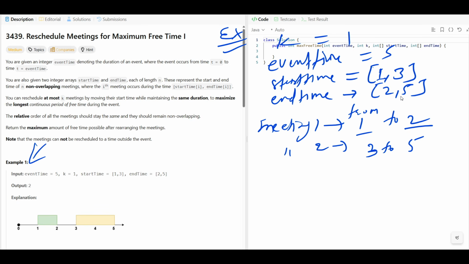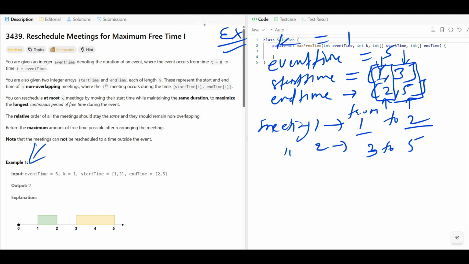These are the end times we were given. This is start and this is end, this is start and this is end. If we mark it like this, it will look like this. I hope you understand.